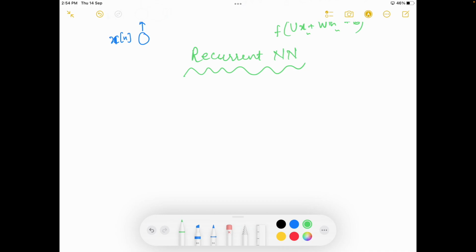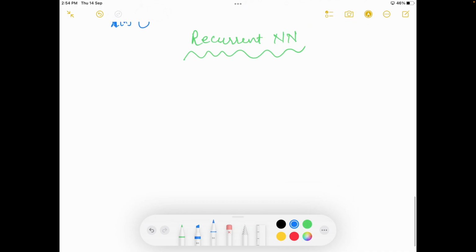Now, let's analyze this equation in a bit more detail. My h of n is a function of h of n minus 1, and I'll ignore x of n. x of n is there, but I'm not interested in it, I'll just put it separately.